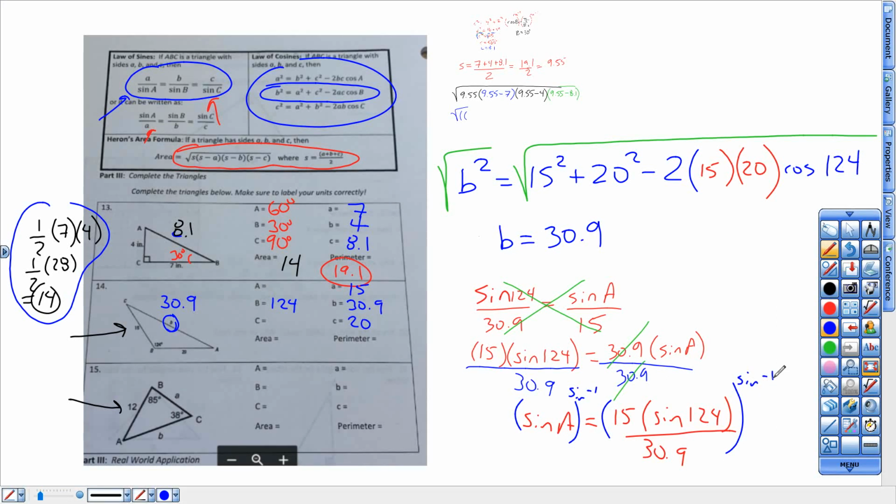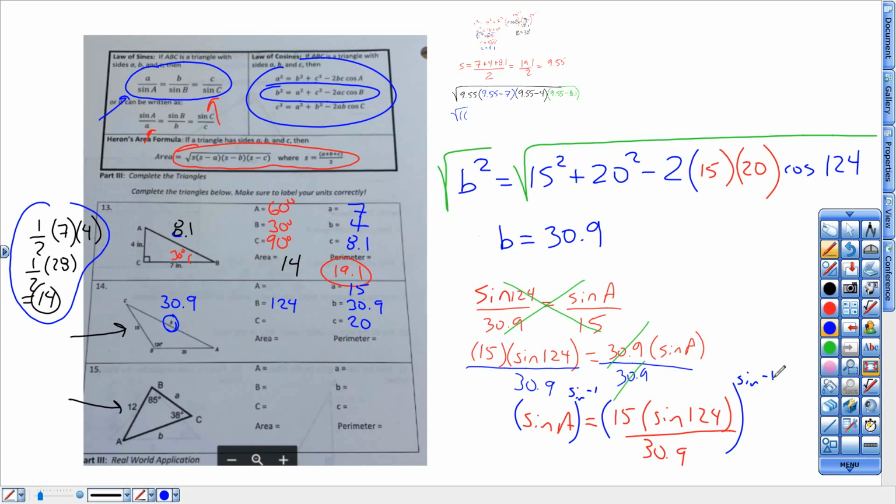Holy crap, this is fantastic. So inverse sine, and then try to type that in: 15 times sine 124. But I gotta make sure I divide that. So maybe inverse sine, double parenthesis, 15 times sine 124.